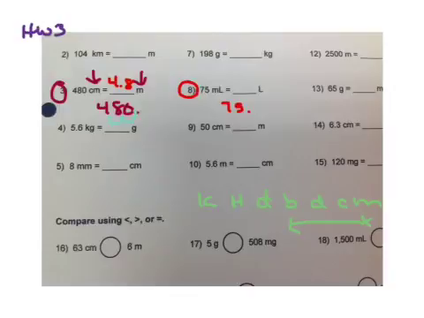Let me double check. 1, 2, 3. Yep, we are good. So I'm going to take my decimal and move it 3 places. 1, 2, 3. So my answer should be 0.075. Let's do one more.